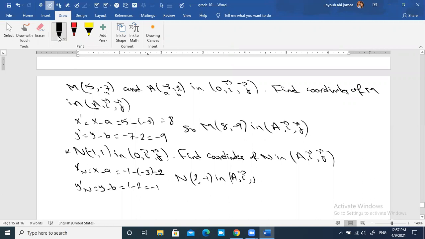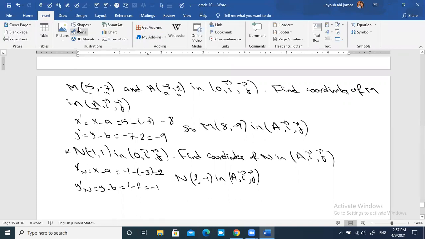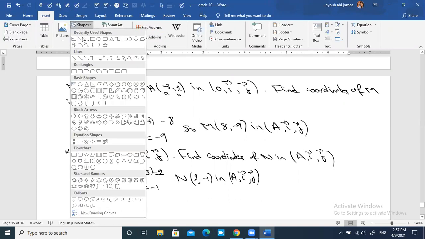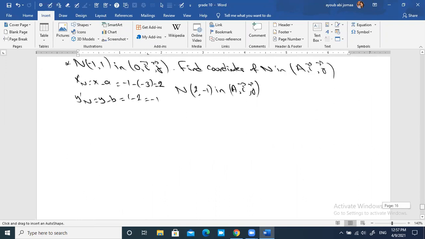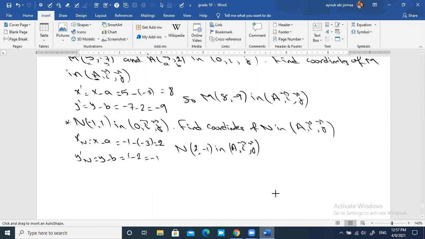To draw a simple figure just to see it. A has coordinates -3, 2.